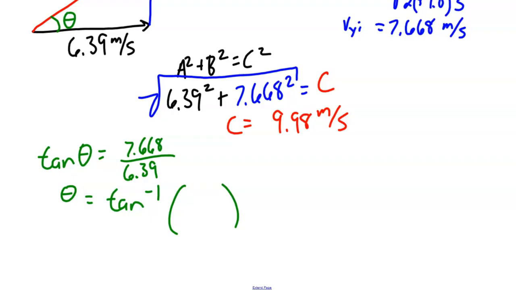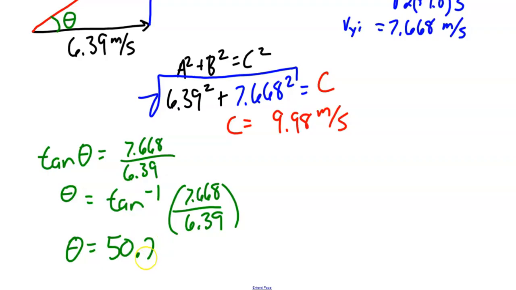And let's get that 7.668 divided by 6.39. And that is going to give us about 50 degrees. 50.19 or 50.2. I guess 50.2 would be the most reasonable representation.